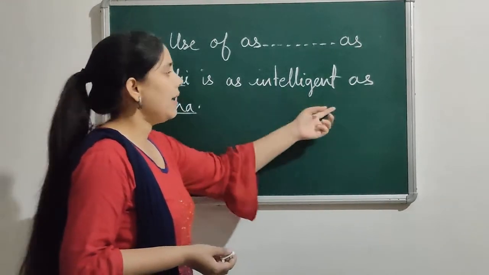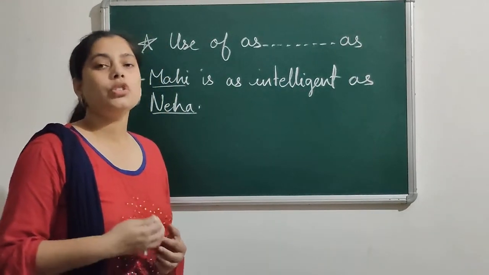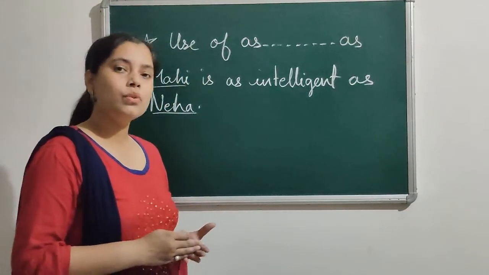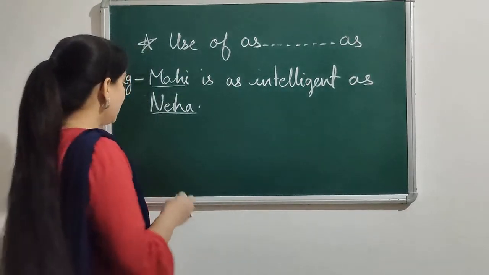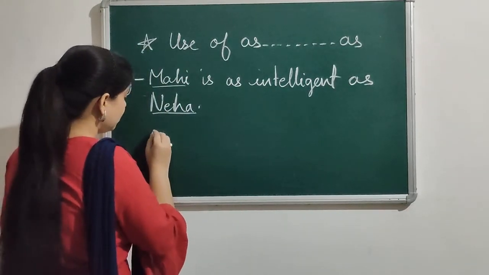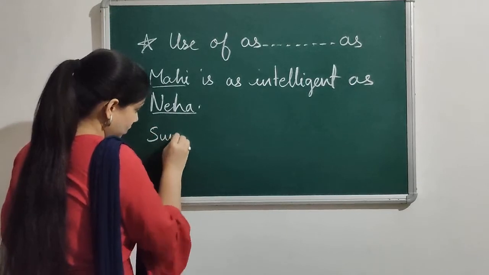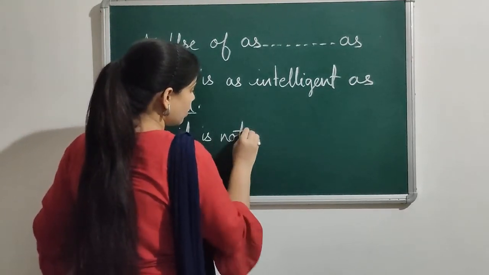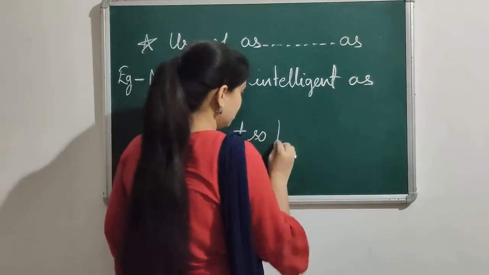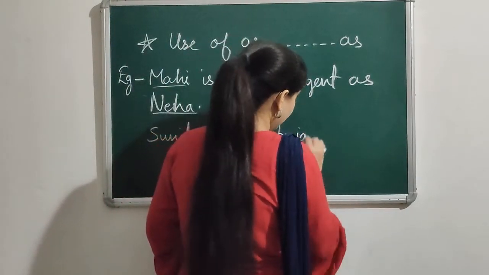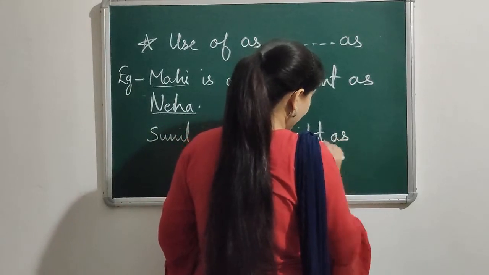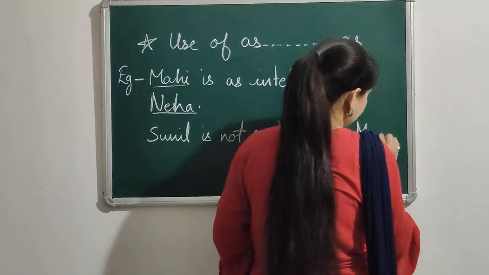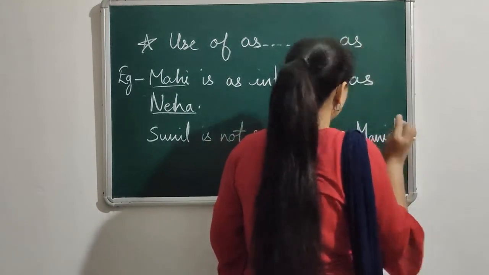This as can also be used to show difference between two nouns or two things. For example, Sunil is not so bright as Manish.